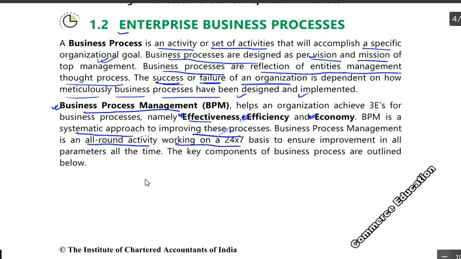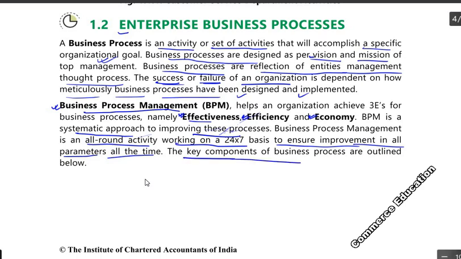It is working 24 by 7 to ensure improvement in all parameters all the time. So in all parameters means all components of a particular business process all the time. So it is continuously working to improve the components and parameters of a particular business process. So process management is continuously working.